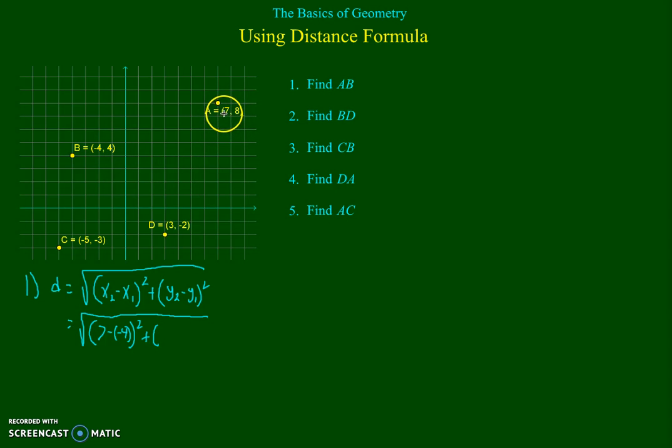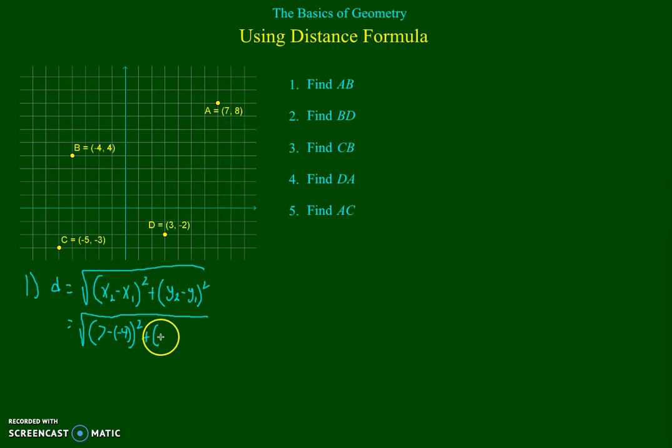So wherever you start from, that's where you have to go back to. So it's this minus this, this minus this. Or you could have done negative 4 minus 7, and then 4 minus 8. Either way, it doesn't matter because we're squaring, so the signs inside here don't make any difference. But you have to be consistent.